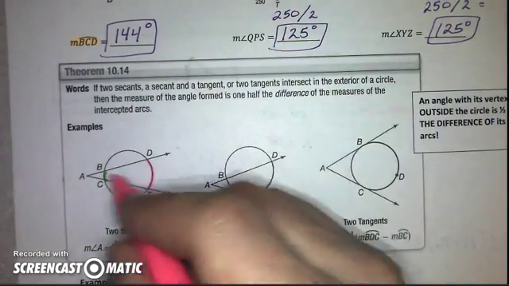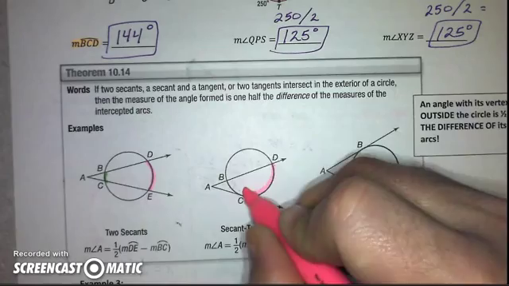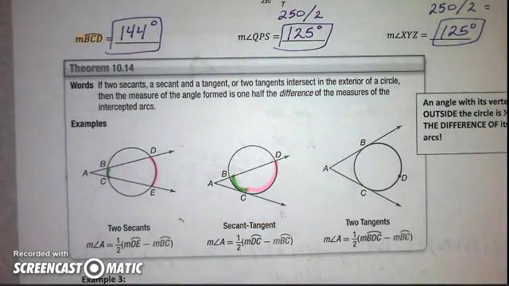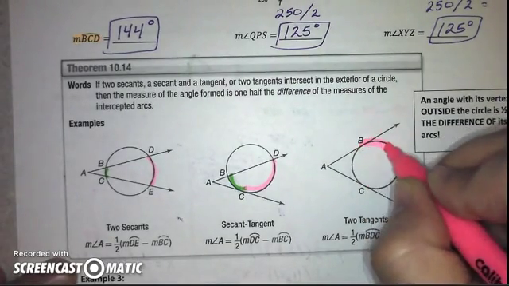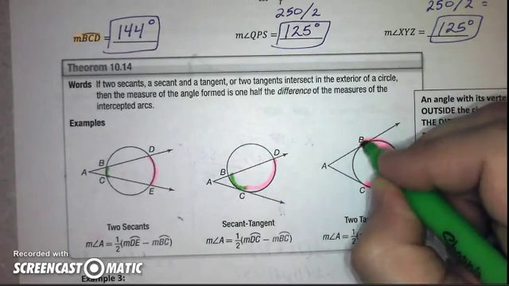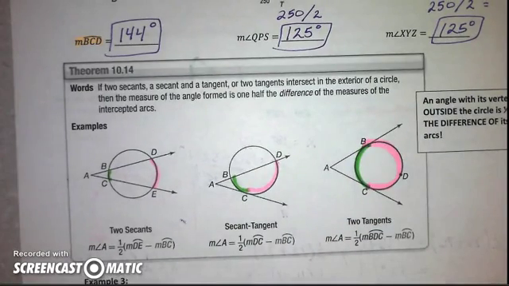Okay, the bigger arc and the smaller arc created by the intersecting lines. But when we have 2 tangents like this, the bigger arc is a major arc and the smaller is a minor, and they would add up to 360.